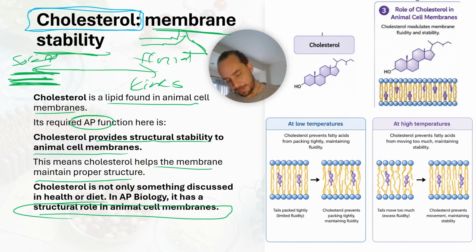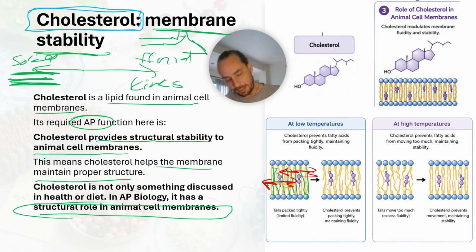So what happens at cold temperatures, okay, these phospholipids want to pack really, really tight together. And then cholesterol is like, no, you are going to keep some space, okay, because we need that space for substances to come through.